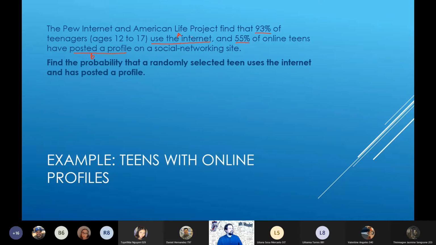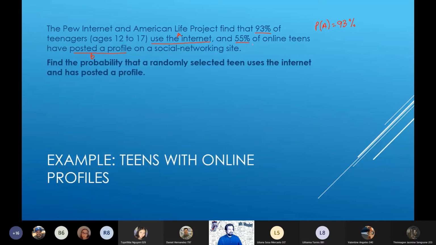So, 93% of teenagers use the internet. So the probability a teenager uses the internet is 93%. And 55% of online teens, so 55% of the 93%.